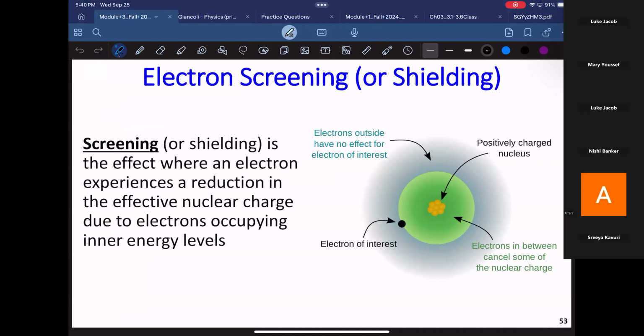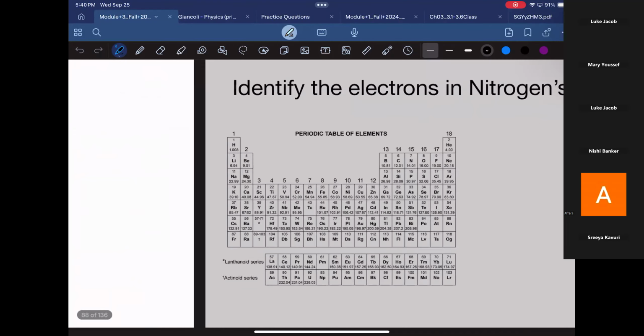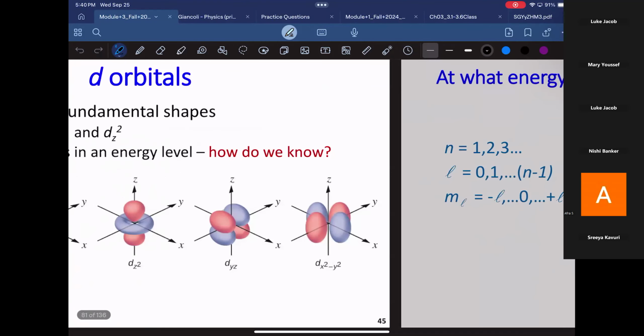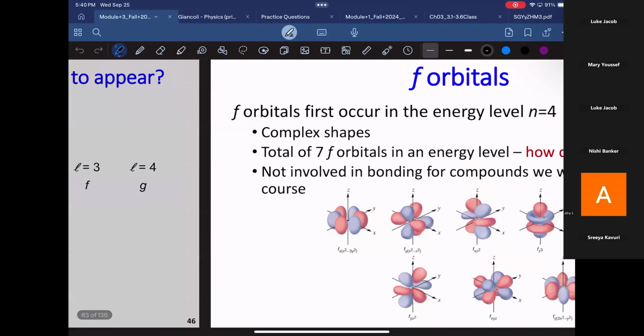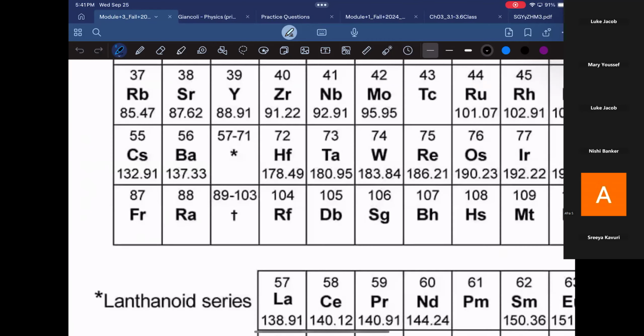If you look at the periodic table, let's see, where do I have the periodic table? Oh, yes. Francium has the lowest ionization energy, and it's no coincidence that it's in the seventh energy level.